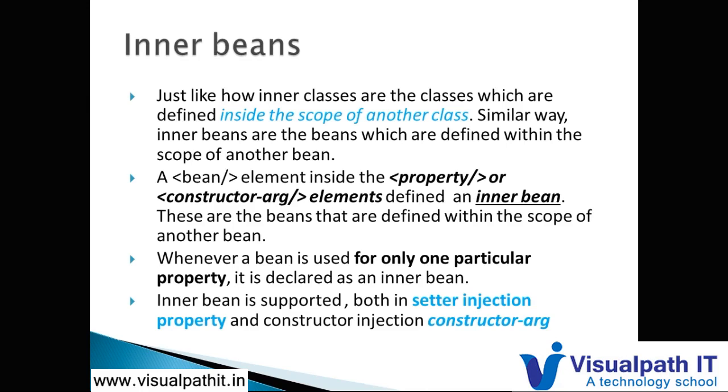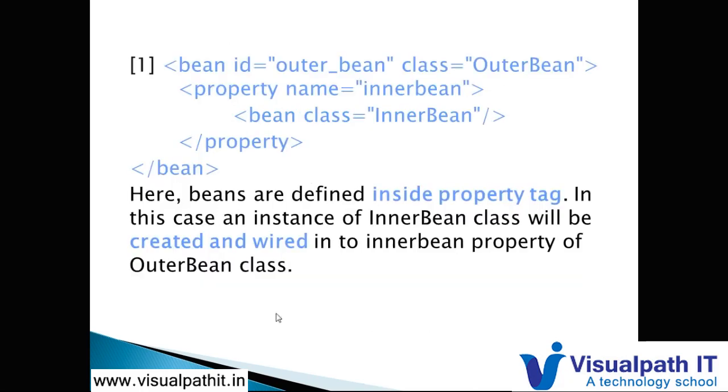So just like inner classes, which are defined inside the scope of another class, inner beans are the beans which are defined within the scope of another bean. An example for that: bean id equals outer bean, class equals outer bean, property name equals inner bean, within which we have the inner bean, bean class equals inner bean, which is again bounded within the property.